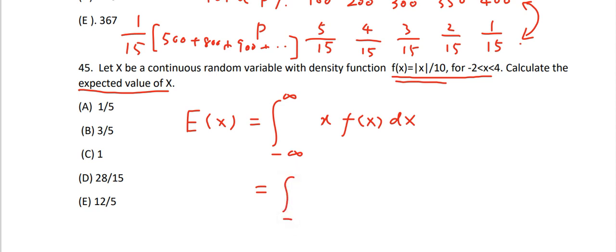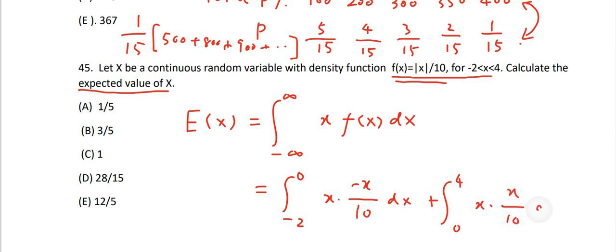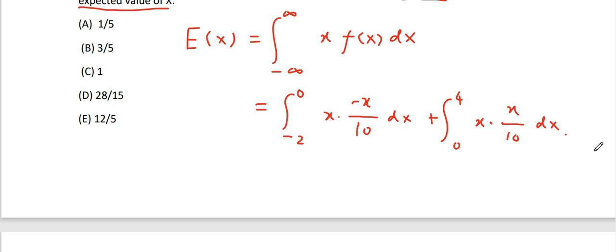Let's say from -2 to 0, we have x times, since x is in absolute value, here it's -x, right? So dx. So plus, from 0 to 4, here x times just x dx. So this integration is very simple, right?